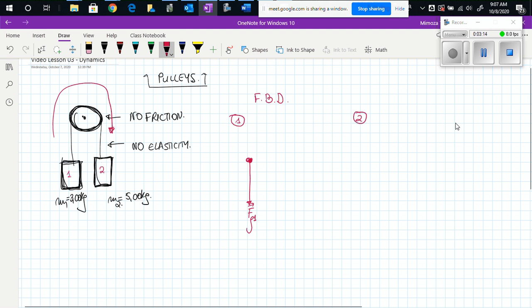And then, since we have a string, the string will be replaced by a force of tension. Now, you notice here that I do not have index 1 for tension, because we are dealing with one rope here.